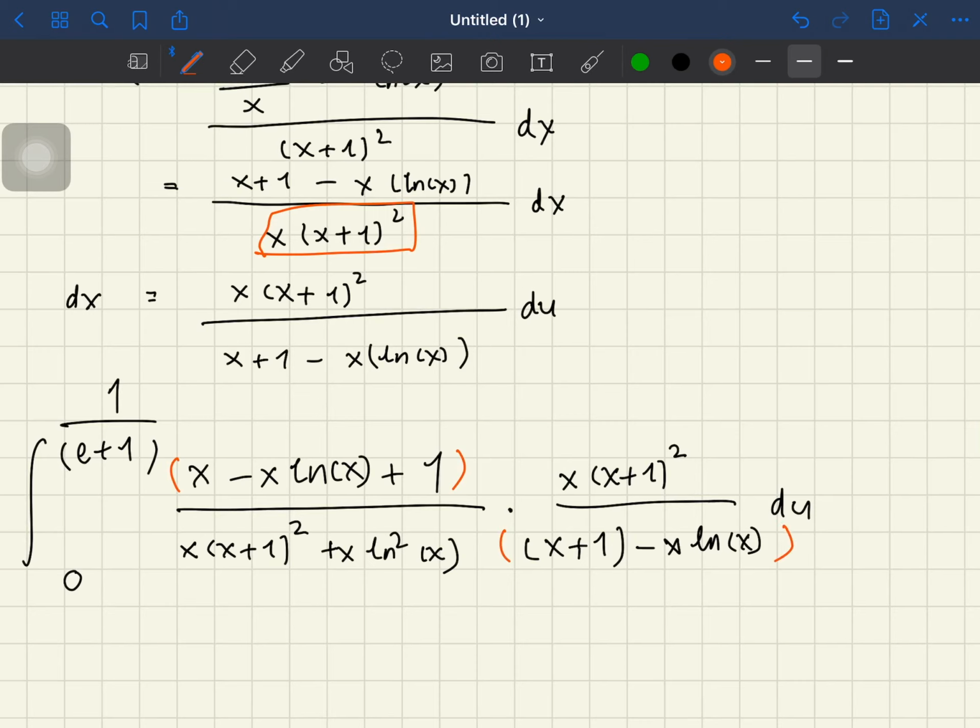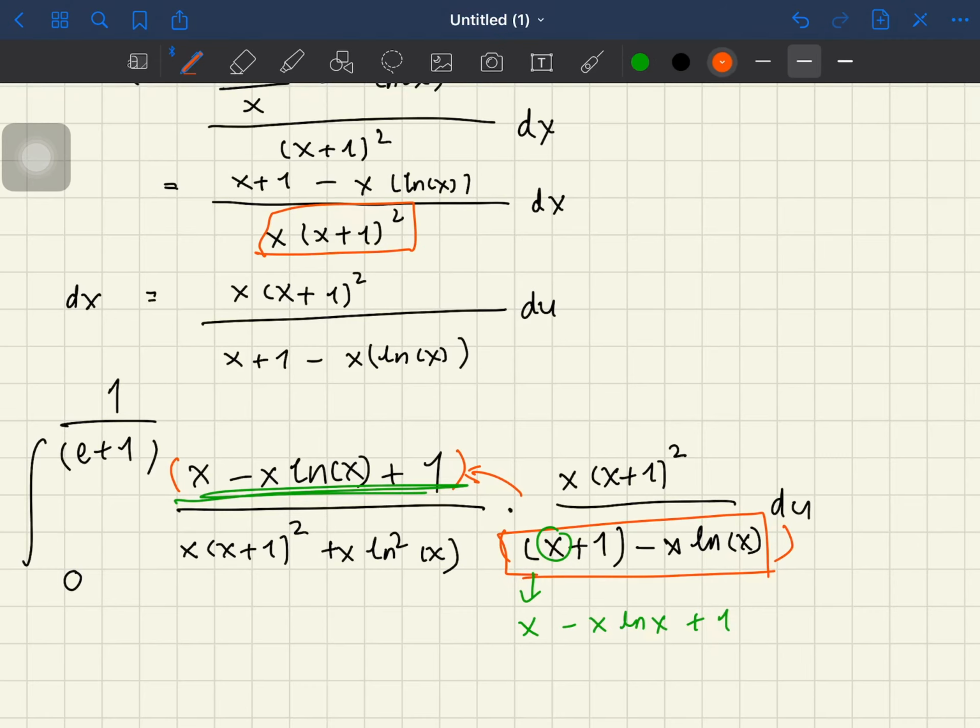Why? Because if you change this expression into the left one, by keeping the x on the left side, then the minus x ln x in the center, and then plus 1, you get x minus x ln x plus 1, which is similar to the numerator here.